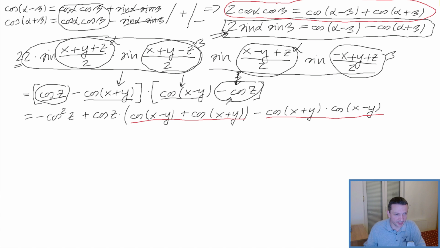So what we obtain in this way, I'll now change color to blue. Okay, we obtain minus cosine squared of z plus cosine z, and now we are using the first formula here.